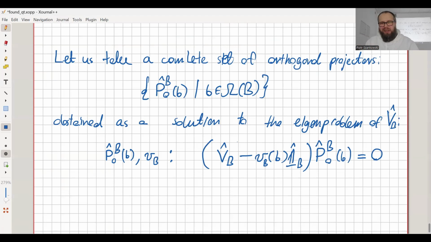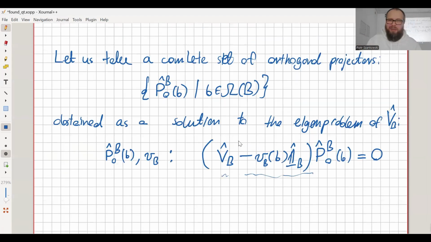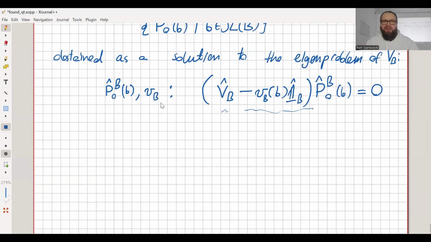So let us solve this eigenproblem, which, in principle, you can always do, and keep those projectors in mind. Now we know that set of projectors, right? It can be associated with some observable or some device, right? So P_B can be associated with a B device.